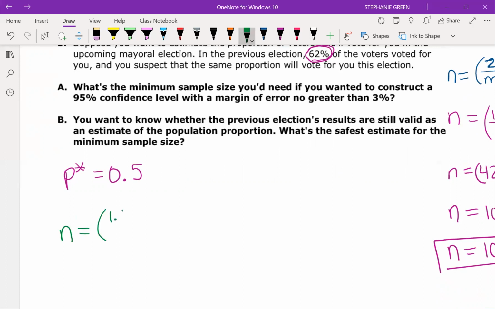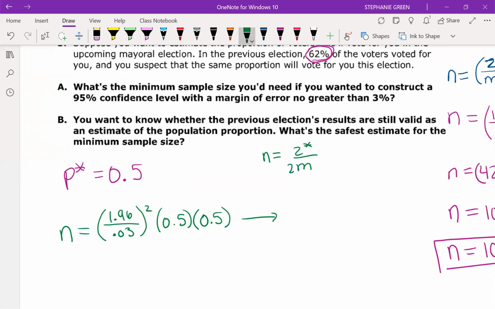So Z star is still 1.96. M is still 0.03. But now P star is 0.5, which means 1 minus P star is also 0.5. In our book, in our notes, we also noted that when we're using the 0.5 conservative choice, n actually equals Z star over 2m, squared.